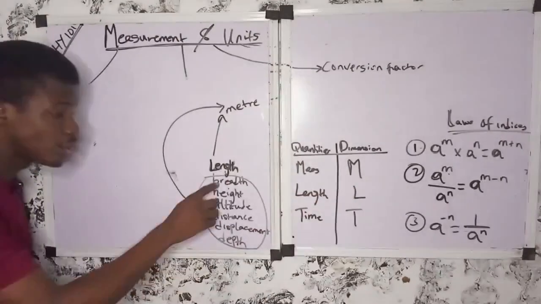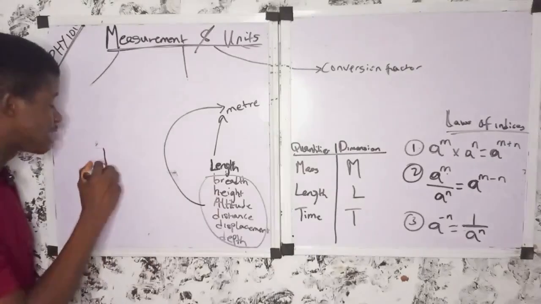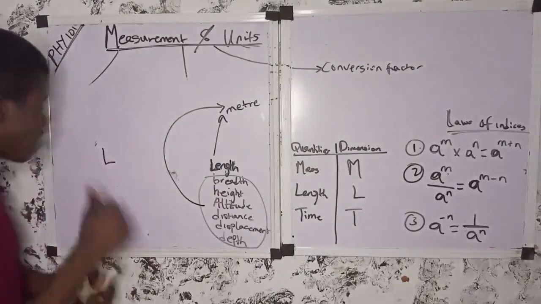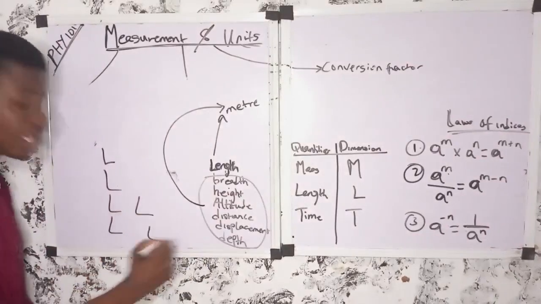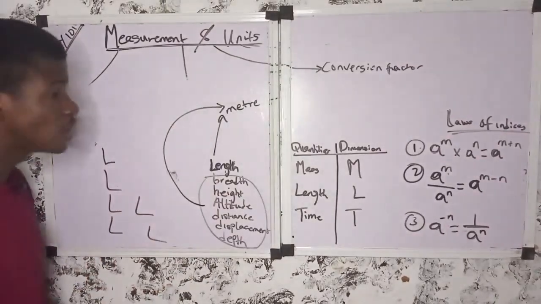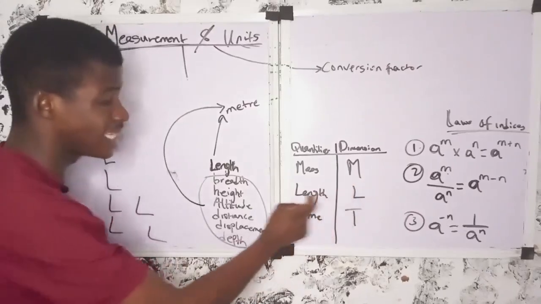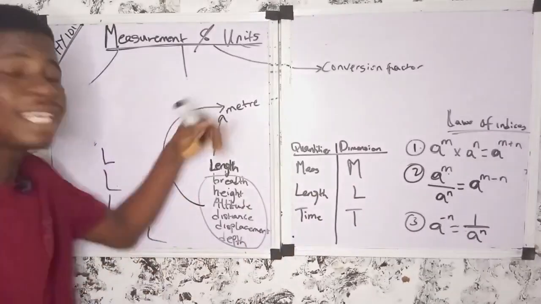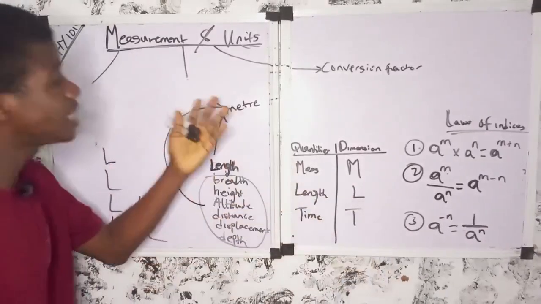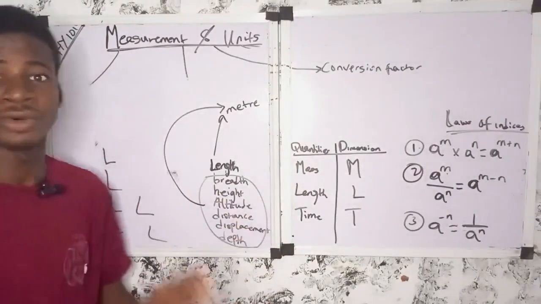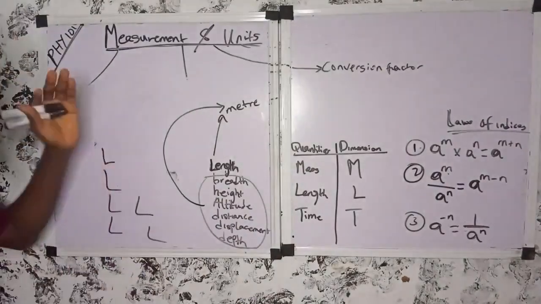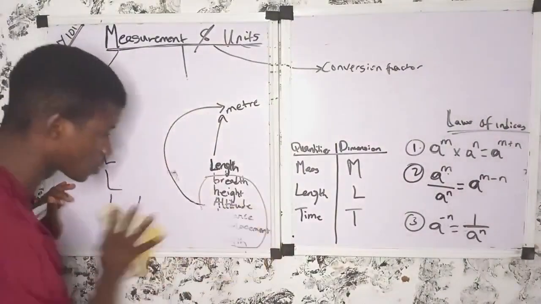So if they ask what is the dimension of breadth, it will be capital letter L. Height, L. Altitude, L. Distance, L. Displacement, L. Depth, L. The reason they have the same dimension as length is that they have the same SI unit as length. I'm not going to dive into SI unit because that is for O level. So let's continue.